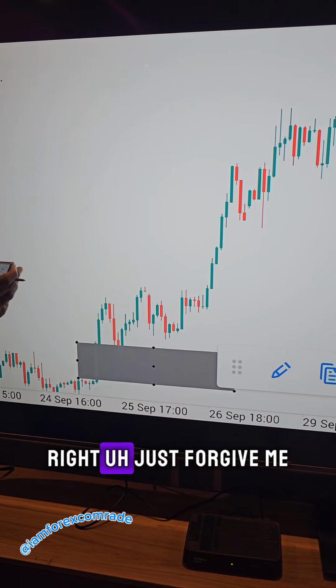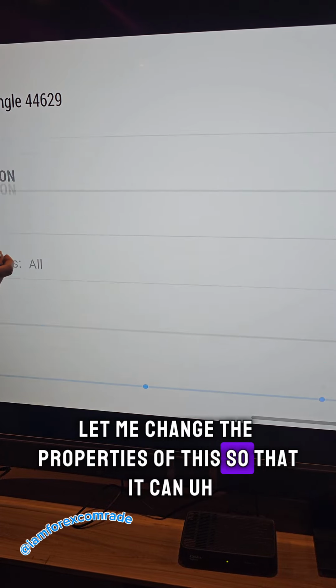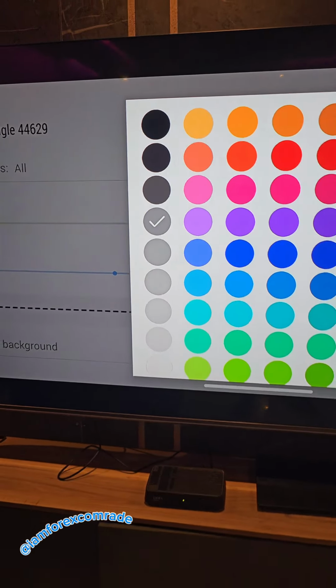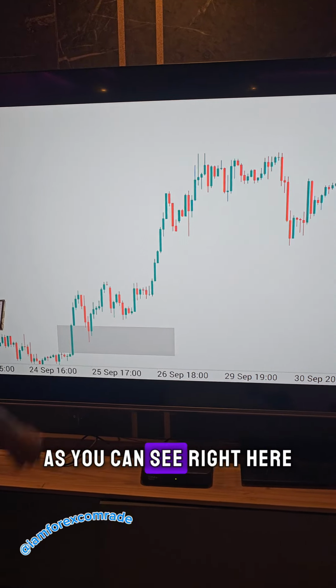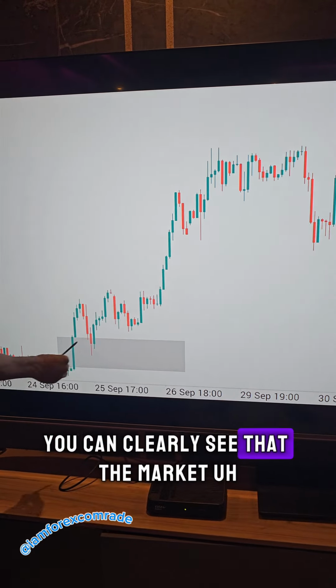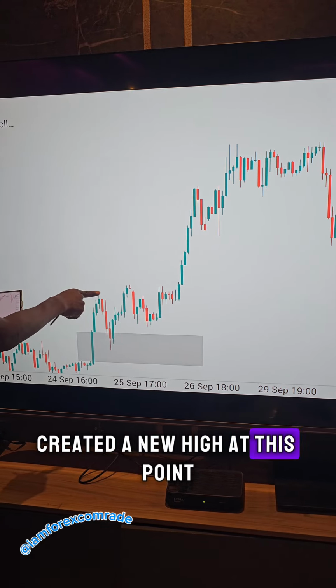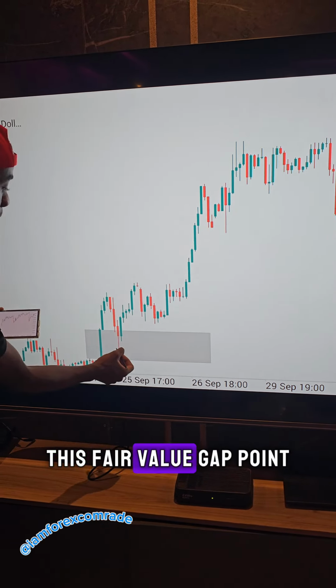Just forgive me, let me change the properties of this so that it can have a better color. As you can see right here, the market created a new high at this point, and then it came back to retest this fair value gap.